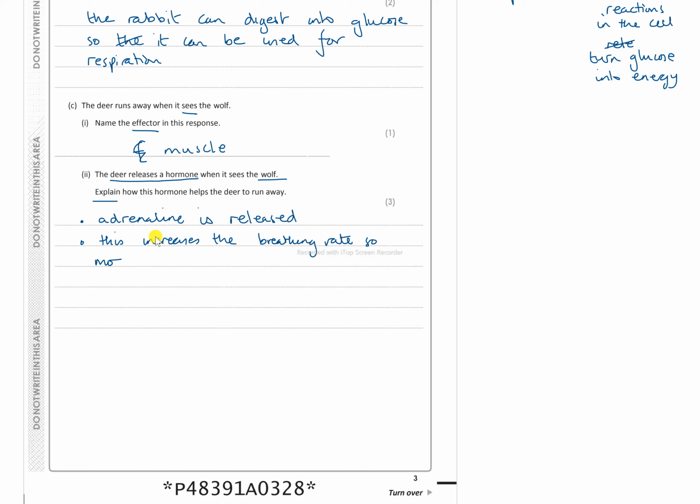So more oxygen is available for aerobic respiration by the muscles.